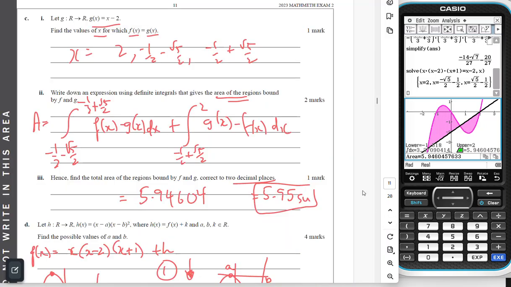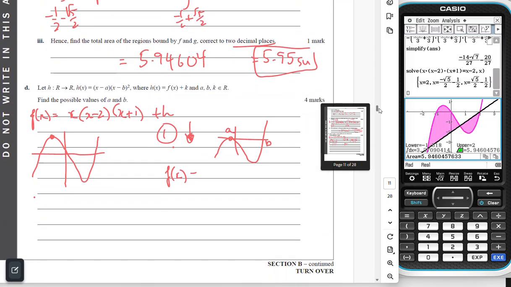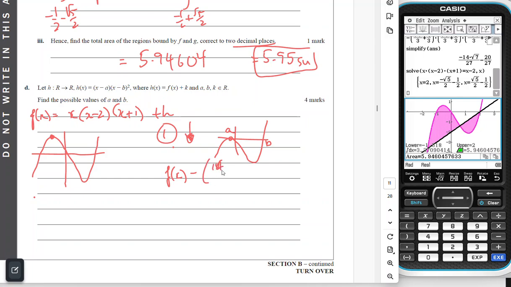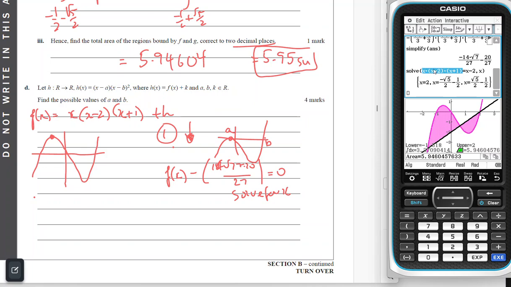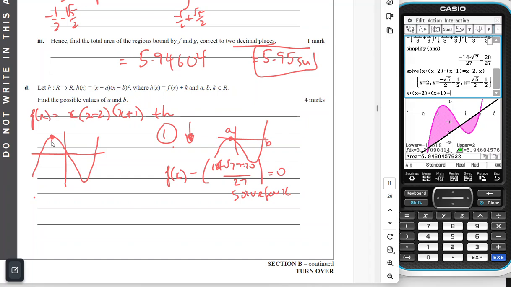So I'm looking for f of x minus (14√7 minus 20) over 27. If I make that equal to 0 and solve for x, that will give me a and b. So if I take this and I minus, that is, I bring this down to here.